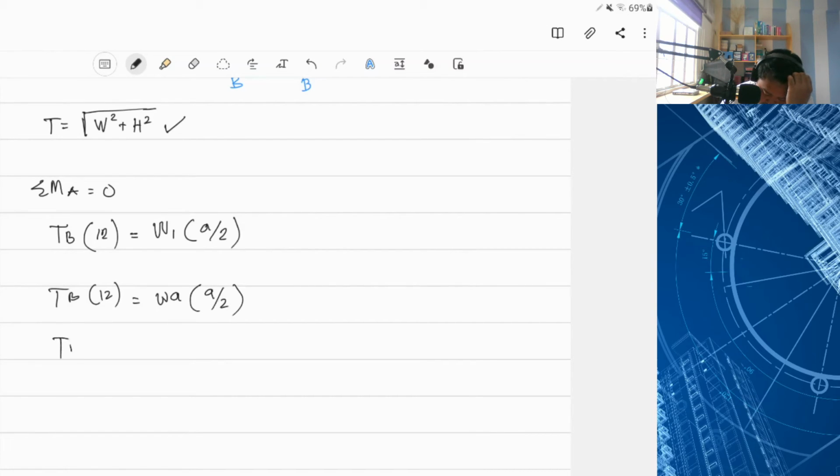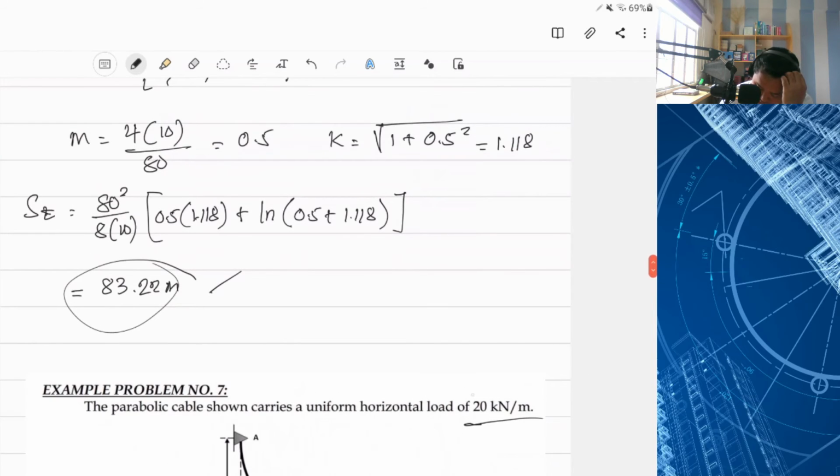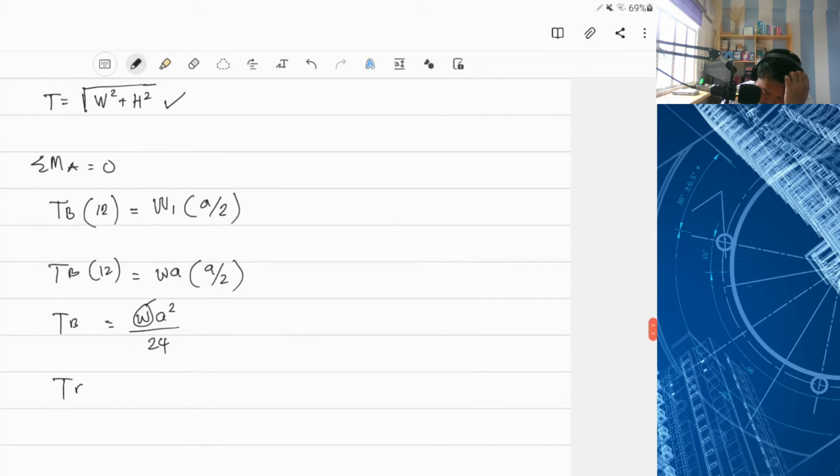So this becomes TB equals wA squared over 12 times 2, this becomes 24. But w is given here, it's 20. So TB equals 20A squared over 24. So what is this?